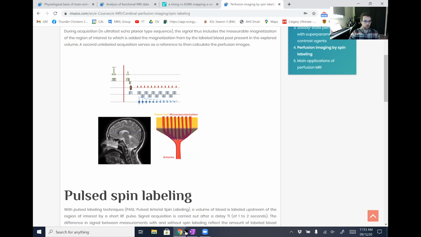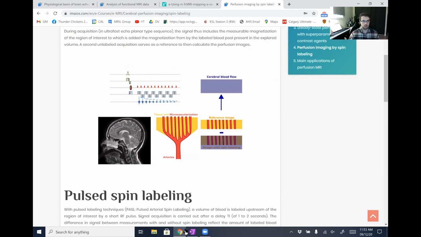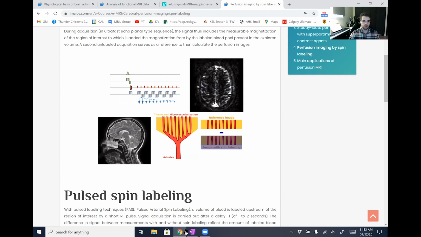And then if you subtract those two images, you get an image of cerebral blood flow, where tissue signal has decreased between those two images. That's where you assume more blood has perfused, or more blood flow is present, I guess.